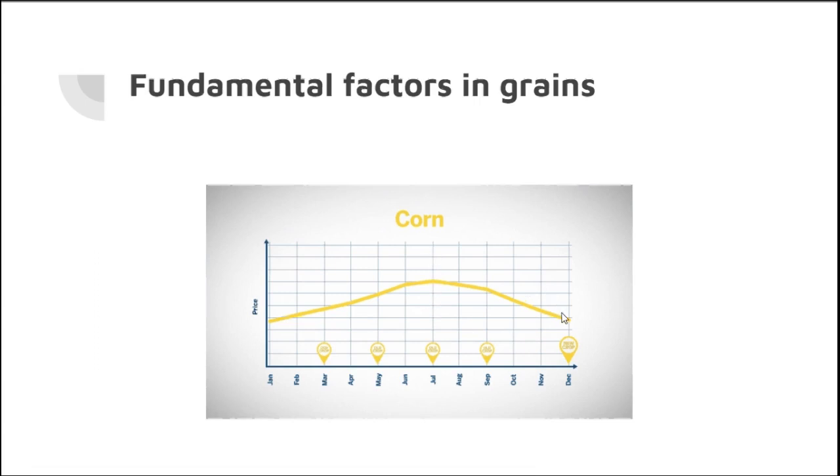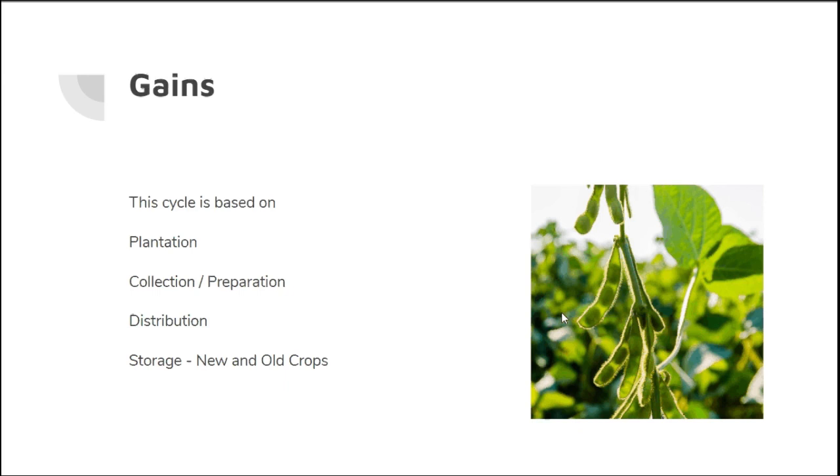This is based on the cycle of mostly every agricultural commodity. First of all, we have the plantation, collection and preparation, distribution and storage. That makes a classification based on new crops and old crops. When we have new crops, that means we have already planted our soybeans and we are collecting them.